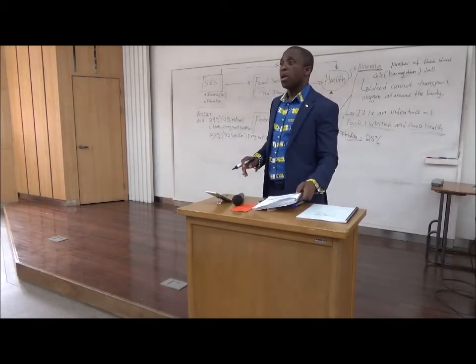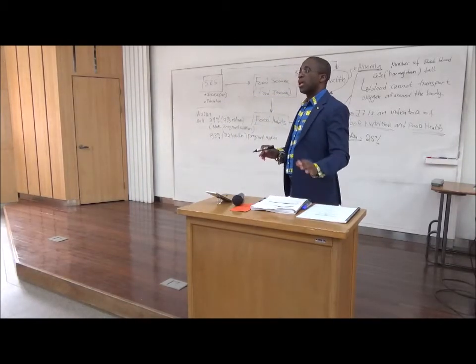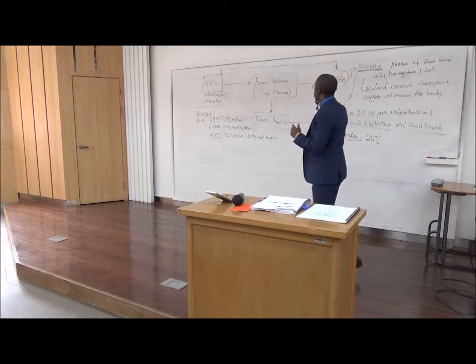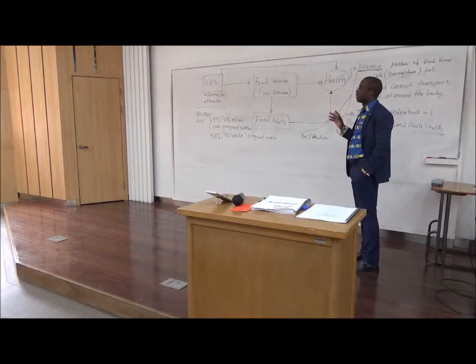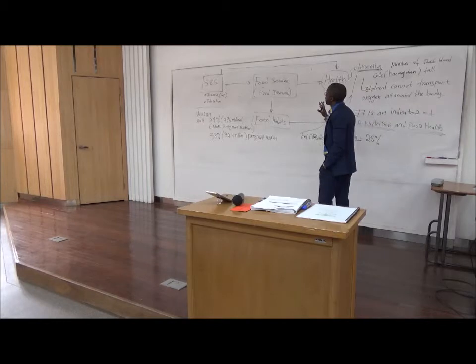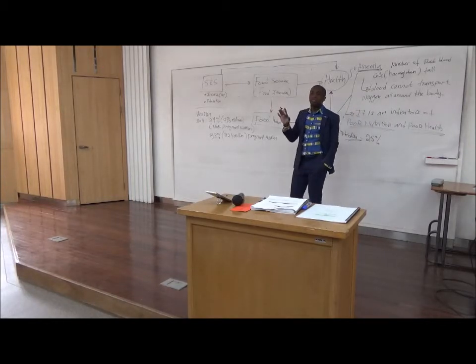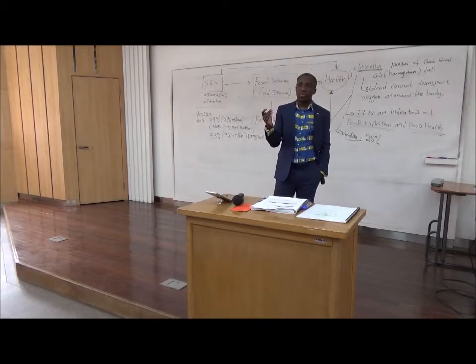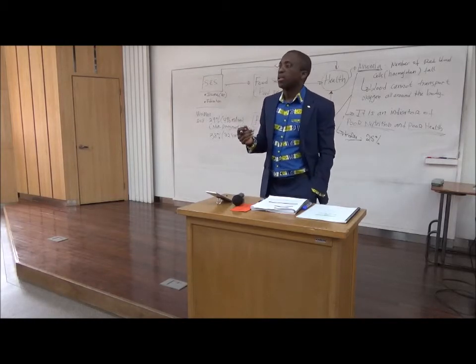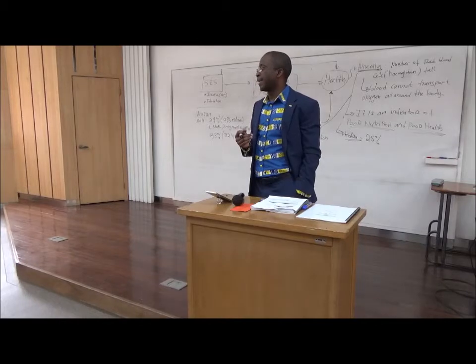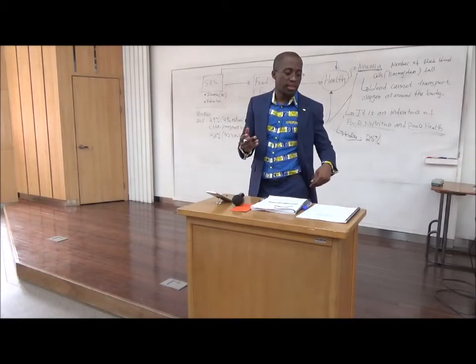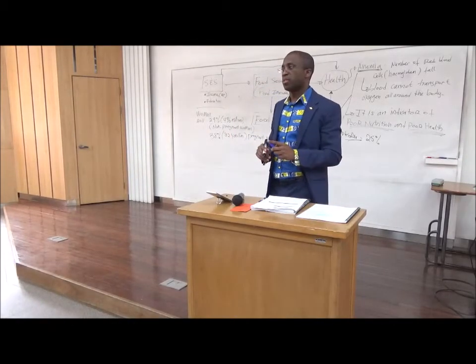Okay, guys. Again, when you look at this, it is the same picture, the same model we had in chapter 1: the relationship between food and health. How do we know it? We need to do some nutrition assessment.